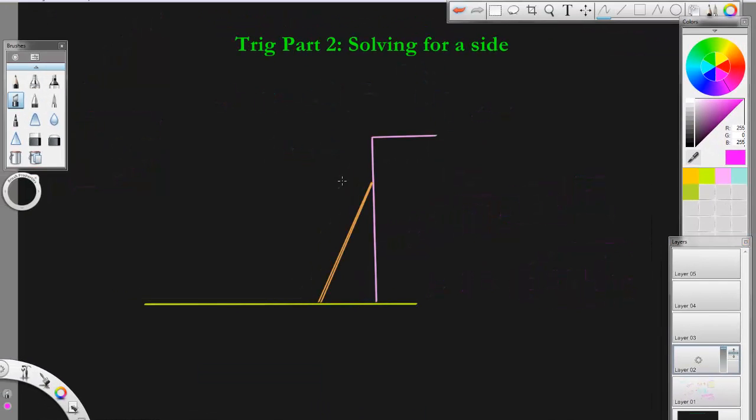Well, let's look at a problem like this. Here we have a ladder leaning against the side of a building. And let's say that it's a 10-foot ladder, so that's 10 feet. And according to code, you're supposed to have a ladder have an angle here of, say, 30 degrees.